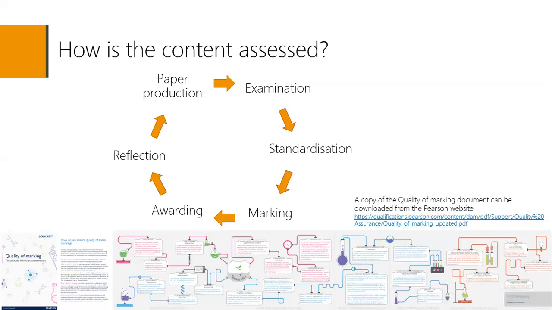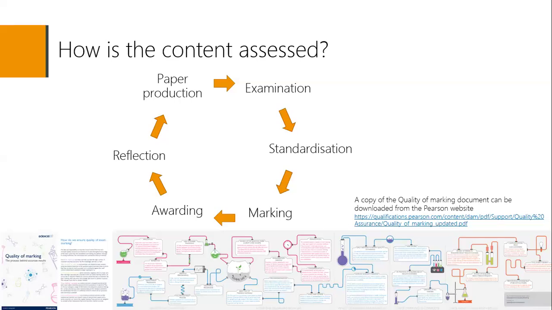Each of the examination papers used in an external assessment is written by a principal examiner. The paper is then reviewed and revised by a committee of experienced senior examiners. So it is looked at by a number of senior examiners before it goes into final production. At the same time as the paper is produced, a mark scheme is also produced.